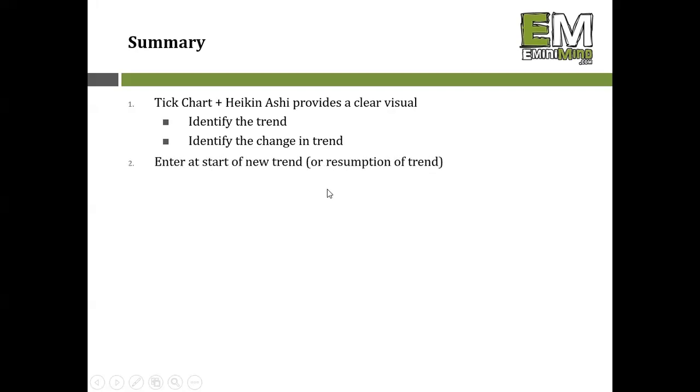Start by identifying the trend, and look for that break in the swing highs or swing lows. That would be what I would call the change in trend. And then trading with the trend is going to be the easiest, highest probability setups.